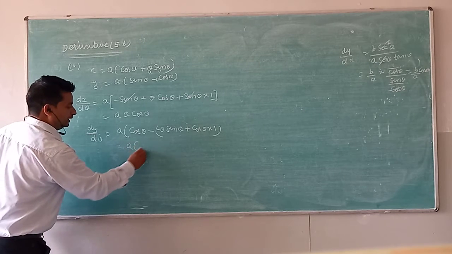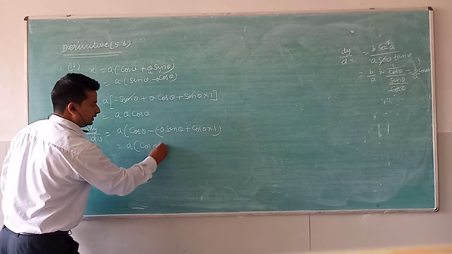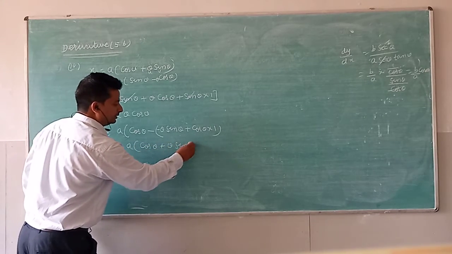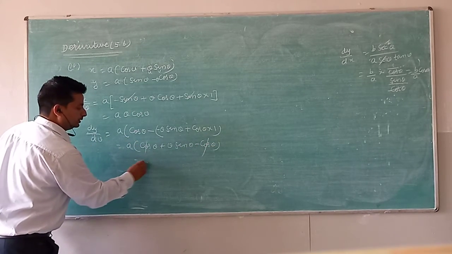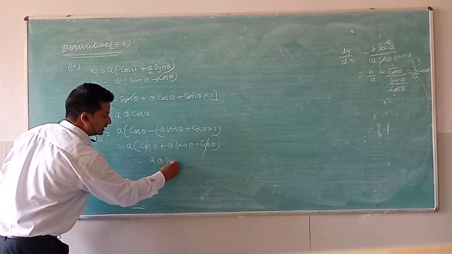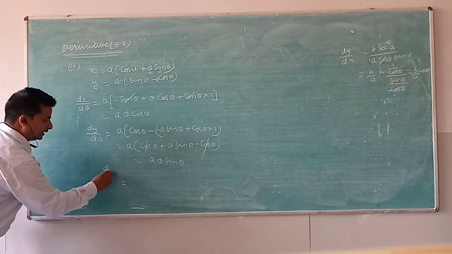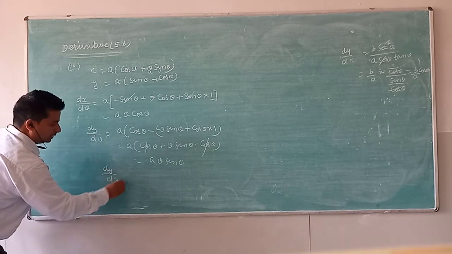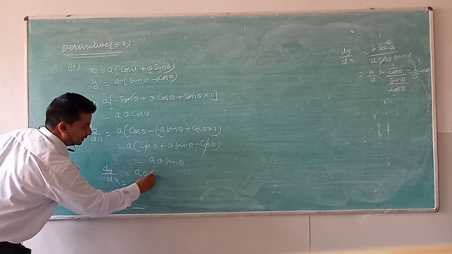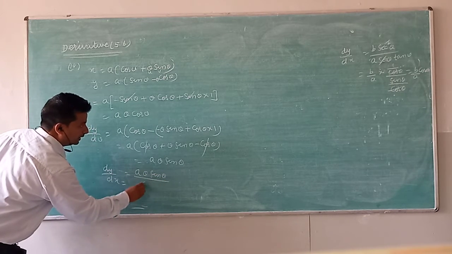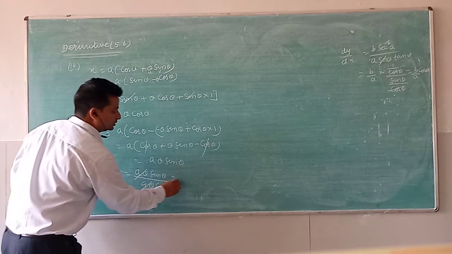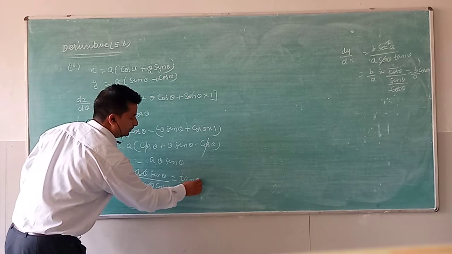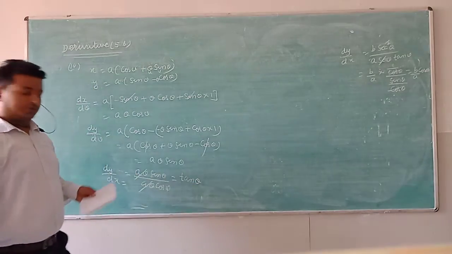So in this, a cos theta plus theta sin theta minus cos theta. This cancels out. This is a theta sin theta. When we divide these two, that is a theta sin theta upon a theta cos theta, these two cancel out. So tan theta is the derivative of this function.